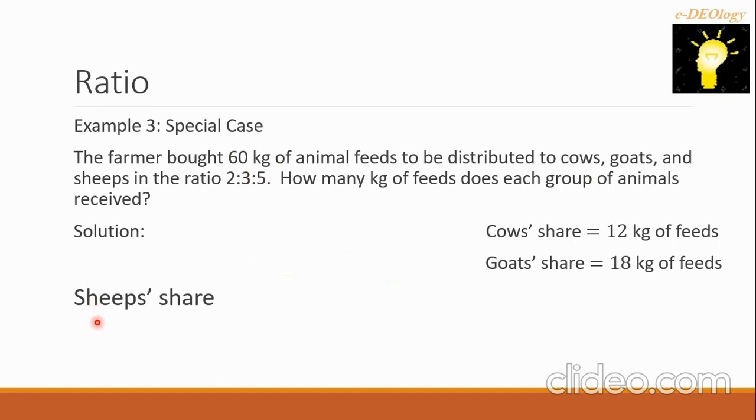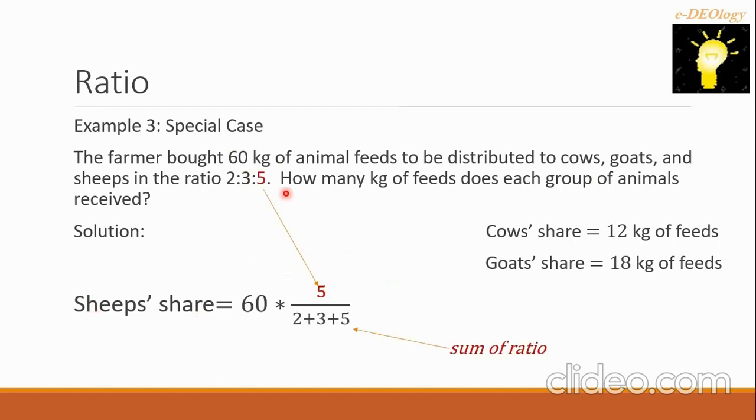Next, we will compute the sheep's share. The total 60 kg we will copy here. Then we will multiply by a fraction. In the numerator, we will take the number 5 that corresponds to the sheep, and in the denominator, we will take the sum of the ratio.